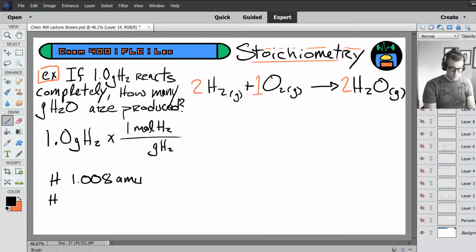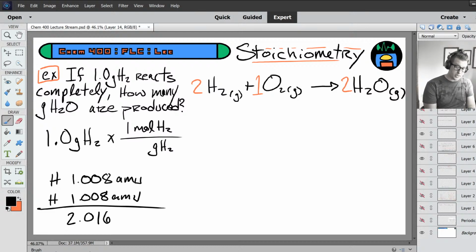And here we have two of them, so we've got to add these two together. So H2 will have a molecular weight of 2.016 AMU. 2.016 grams of hydrogen are in 1 mole of hydrogen. And now, grams of hydrogen cancel grams of hydrogen.